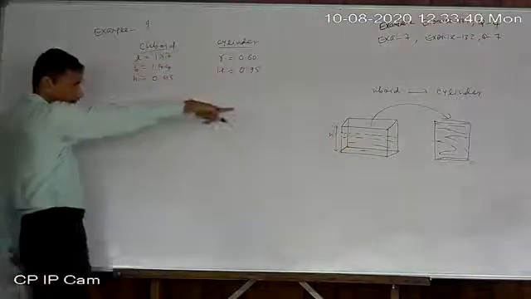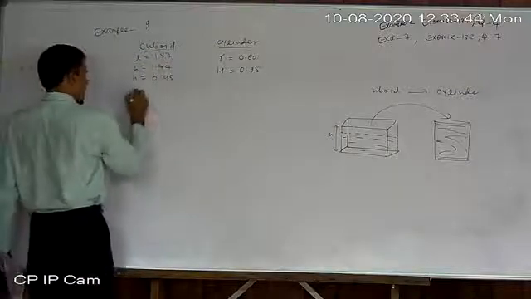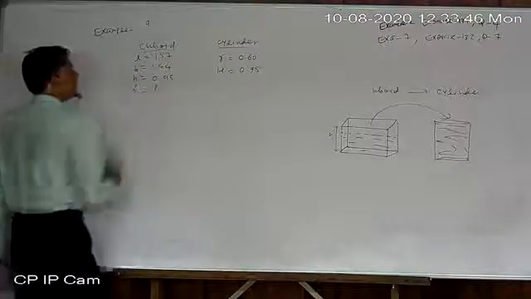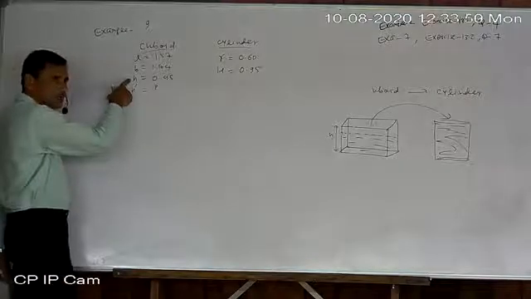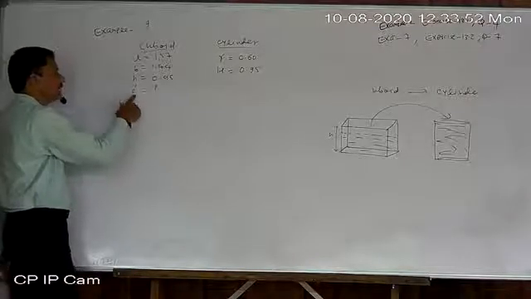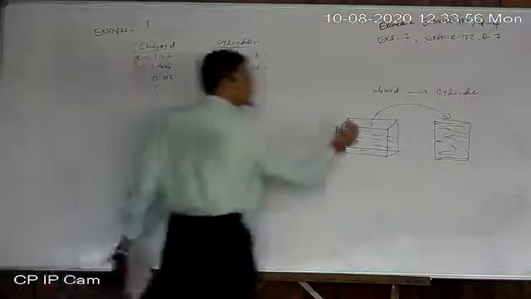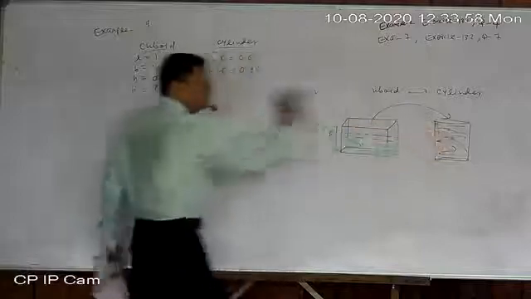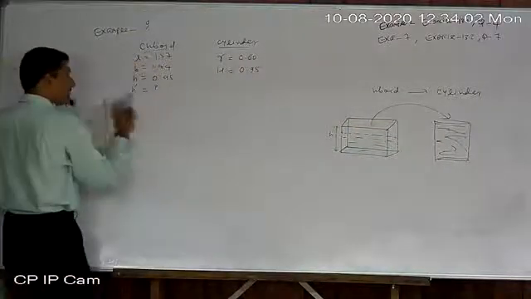That remaining height we have to find. This is the full height. It is not useful now, because first we have to find how much height is used to fill this cylindrical tank. So you have to compare that way.